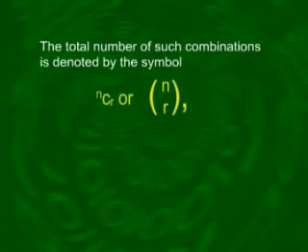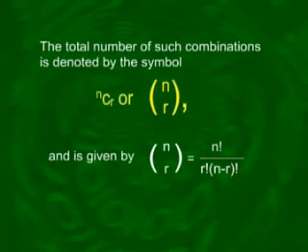The total number of such combinations is denoted by the symbol nCr, or we write n and r in a bracket in such a way that n is written on the top and r is written on the bottom. The formula for the number of combinations of n things taking r at a time is given by n factorial over r factorial into n minus r factorial.